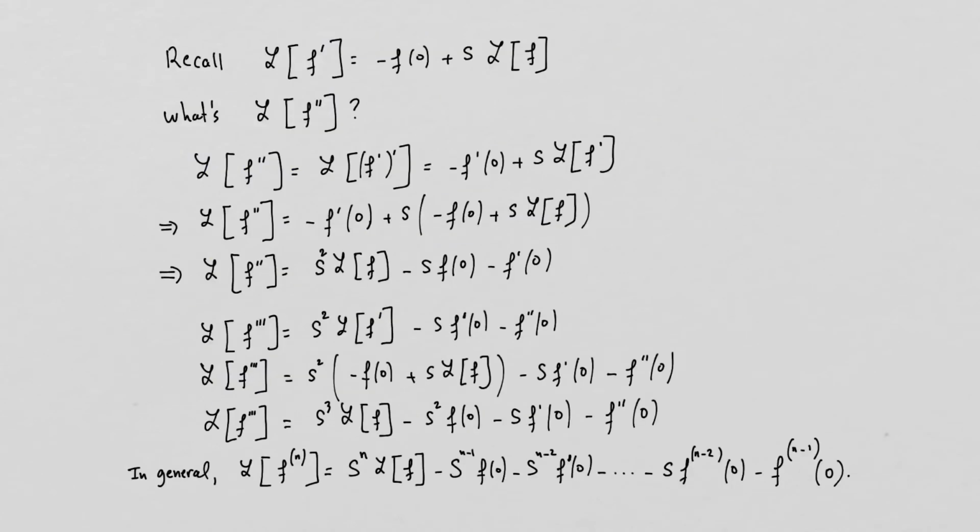All right. So here is property number 3. Now what we want to do is find the Laplace transform of f double prime. So I'm going to write f double prime as f prime prime. So think of this as a function, let's call it capital F. And we know how to handle the Laplace transform of something prime.